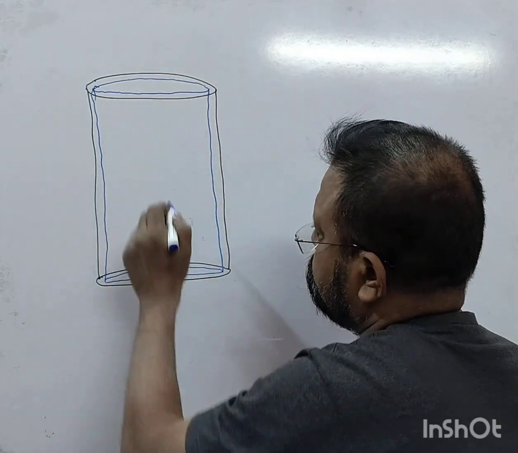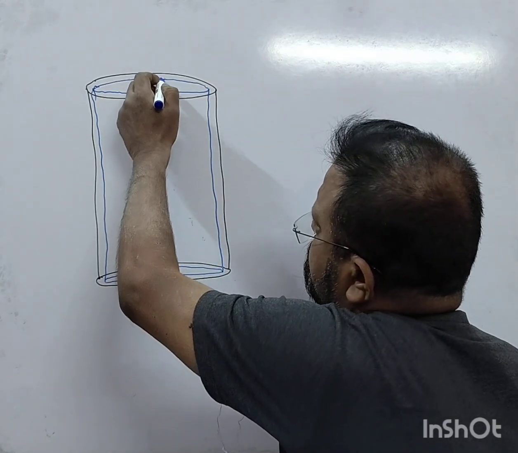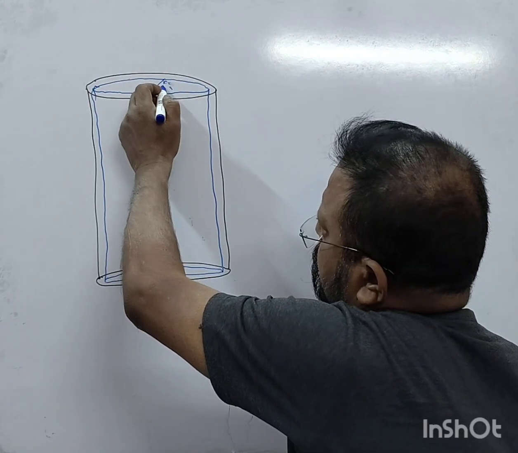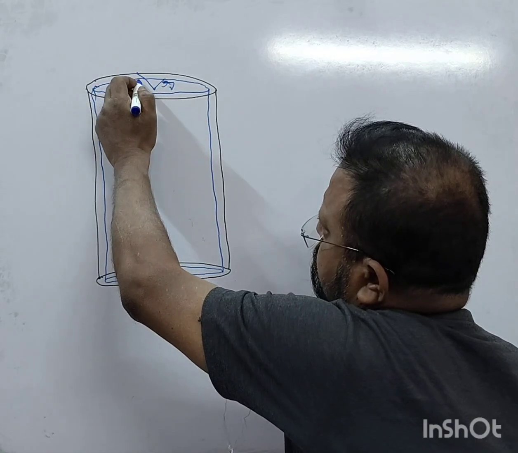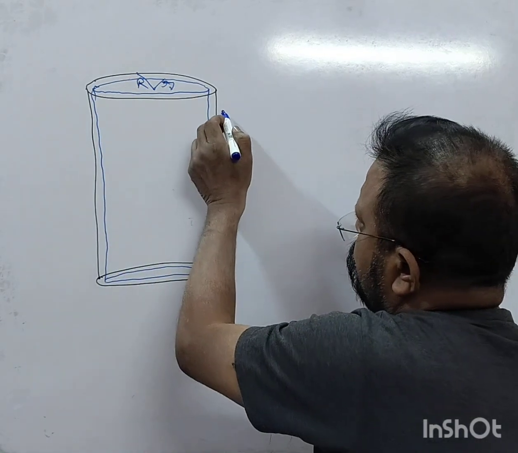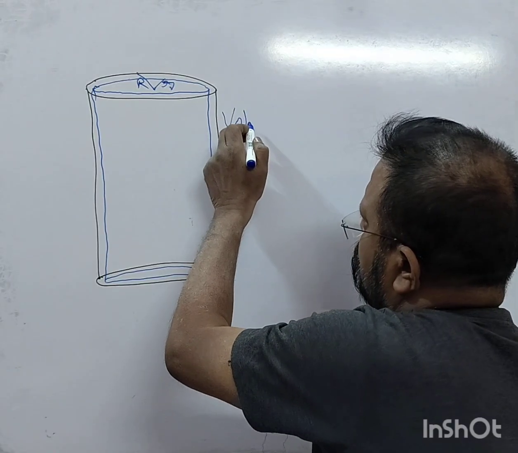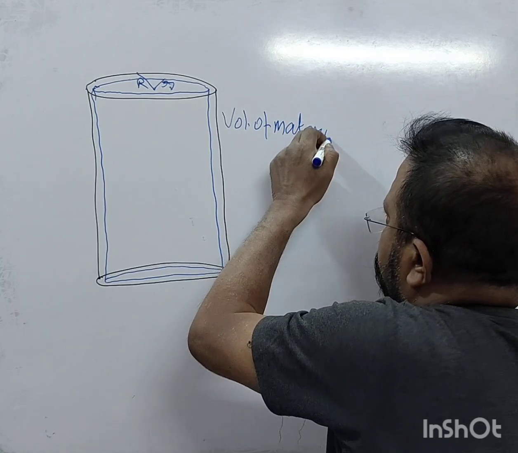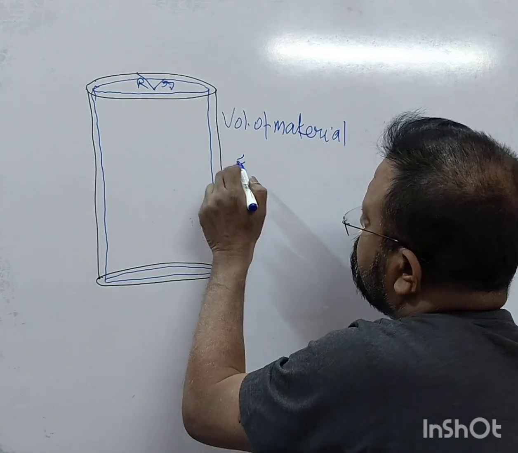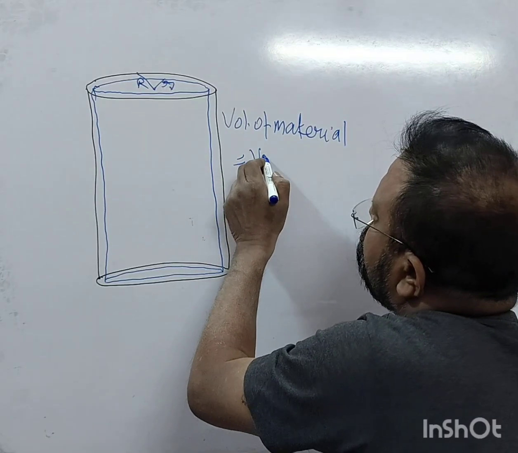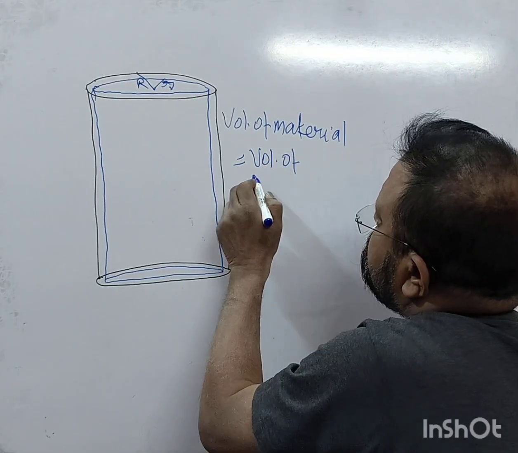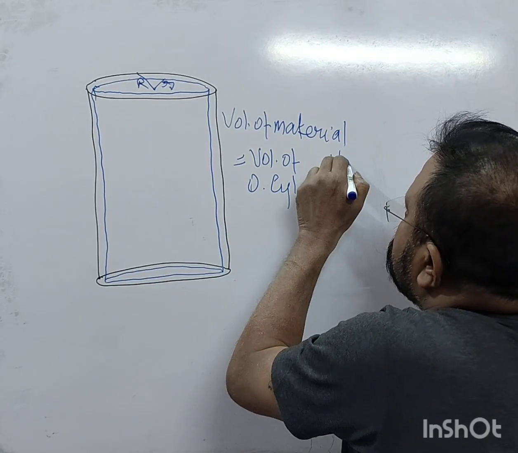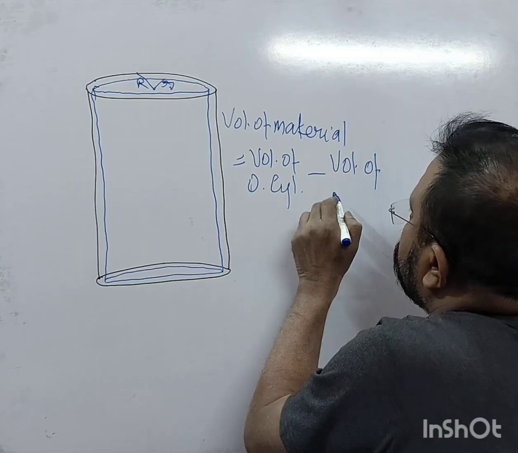So inner radius is small r, outer radius is capital R. So volume of material is equal to volume of outer cylinder minus volume of inner cylinder.